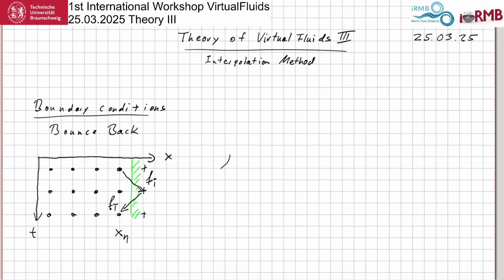And now you can implement such a boundary condition, so giving f_i bar at the position of the node at time t. Remember, this here is x, so this is delta x, and this here is delta t.